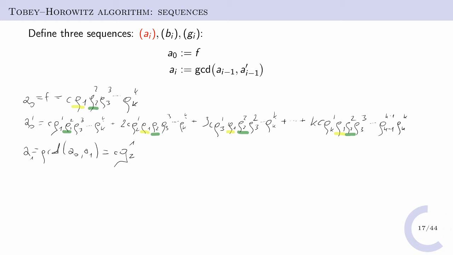Now we look at g3. G3 here appears in the third power, we have g3 cube. Here we have g3 cube. Here we have g3 cube. But here we have g3 to the second power only.